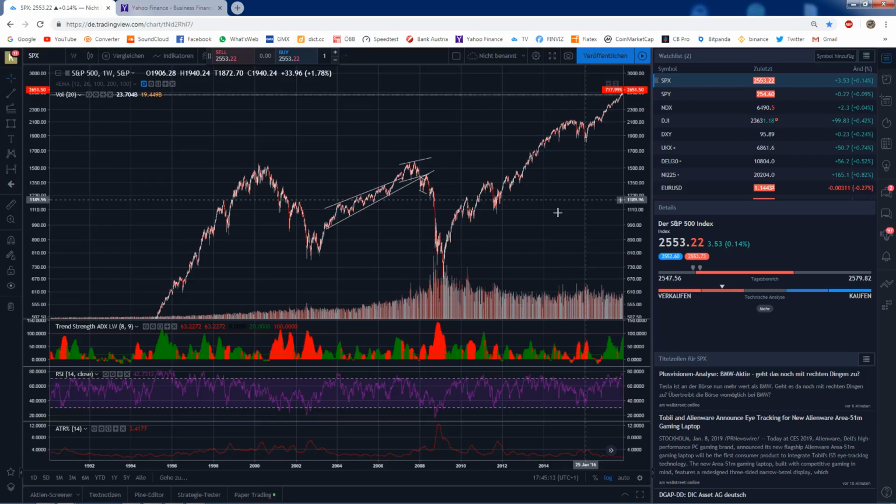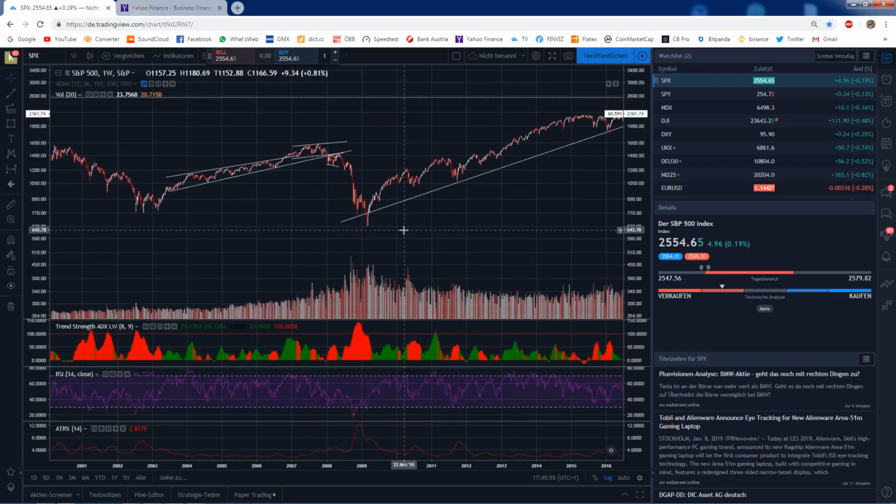We have 2 touches right here. It broke below, but it came back up again real quick. So I think it is okay to not include this wick to the bottom, also because we can form a very nice channel by doing that. You can see it right here.